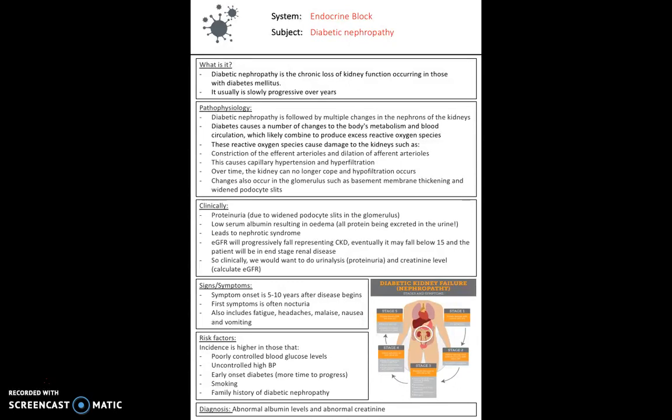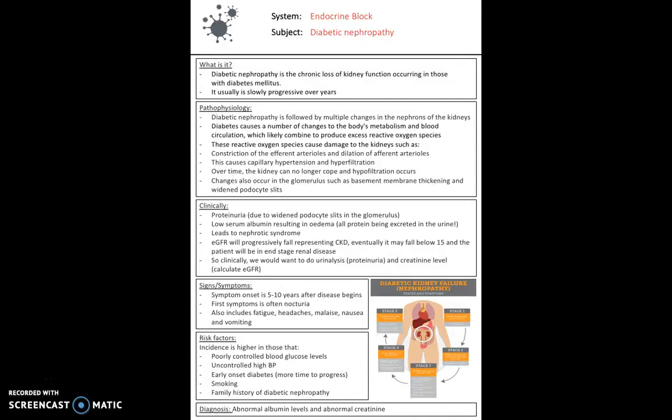Now, these excess reactive oxygen species cause damage to the kidneys, so they can constrict the efferent arteriole and dilate the afferent arteriole. As a result, this causes capillary hypertension and hyperfiltration, so the kidneys are filtering more blood than they can cope with, and over time the kidney can no longer cope with this high demand, and then hypofiltration occurs, so underfiltration, not enough, and as a result we have changes in the glomerulus.